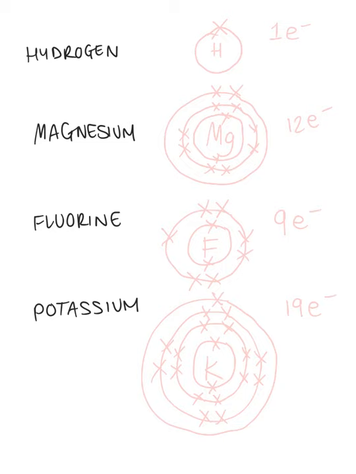So in potassium, we have 2 in the first shell, 8 in the second, 8 in the third, 1 in the outer. Fluorine, 2 in the first shell, 7 in the second. Magnesium, we've got 2 in the first shell, 8 in the second, and 2 in the third. For hydrogen, we only have 1.